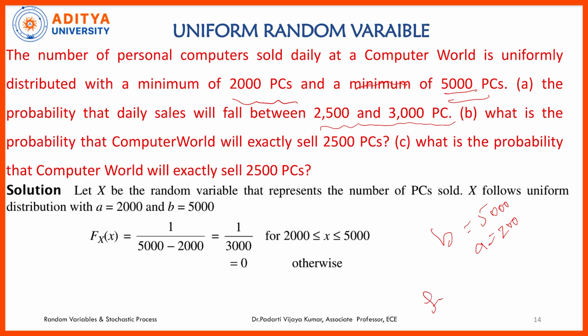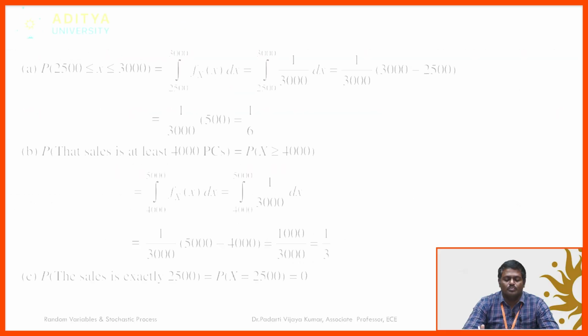Now the density function is 1/(b minus a), 1/3000, over the limits 2,000 less than x less than 5,000. So firstly we developed the density function for the given problem. Now we need to compute the probability that the daily sales will fall between 2,500 to 3,000 PCs.